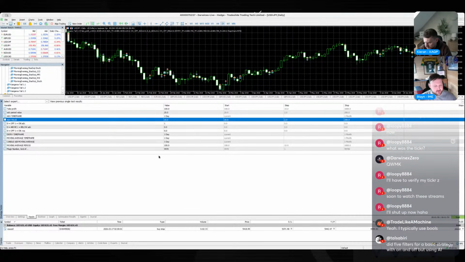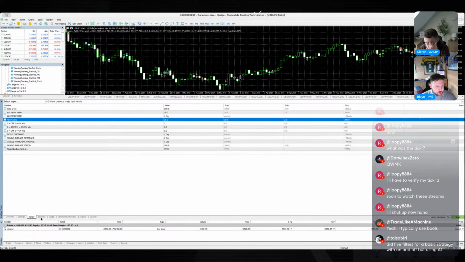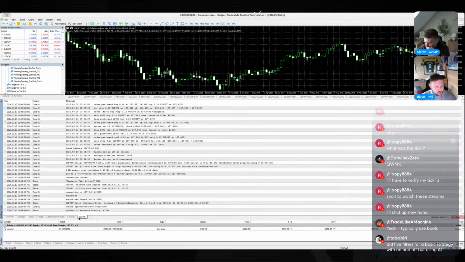So when the ADX of the period of 20 is above the value of 20, it will take trades. So what we should see here is a different number of trades. We'll probably see a reduction, maybe 100 trades. Nothing too crazy, but just to show that we're actually getting fewer trades would be good.